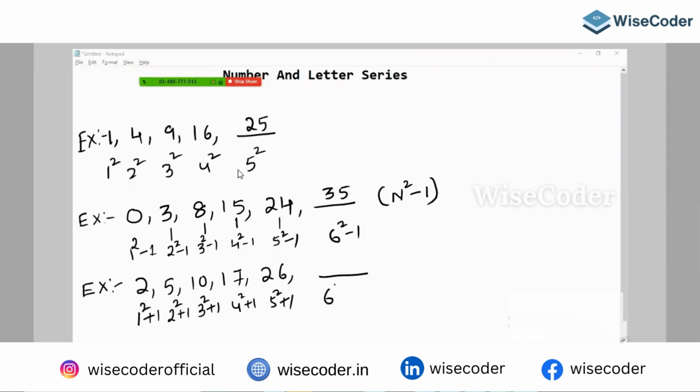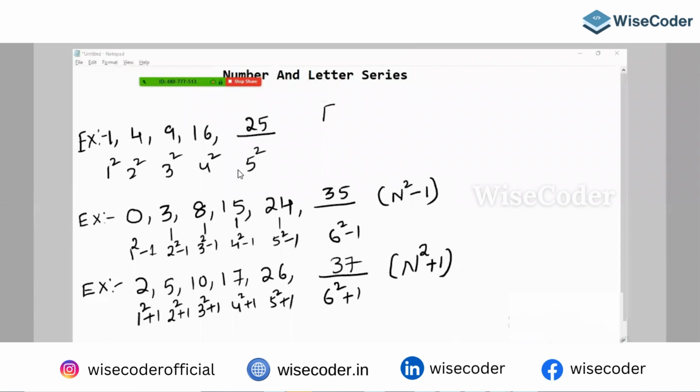So next must be 6 square plus 1, and the answer is 37. So this is a type of series that is n square plus 1 series.